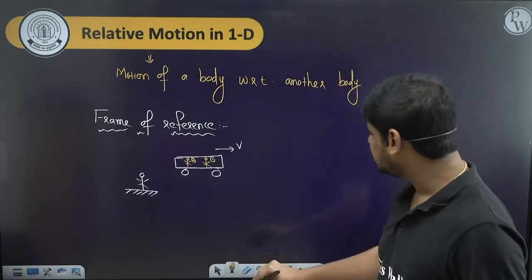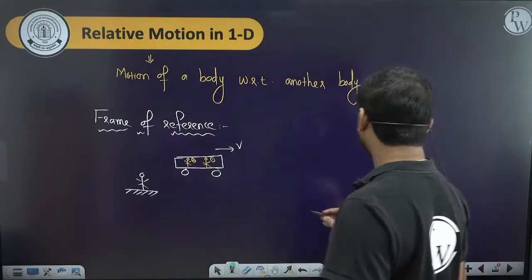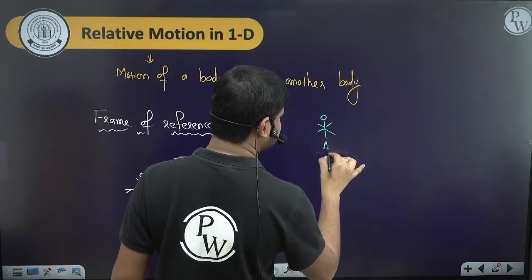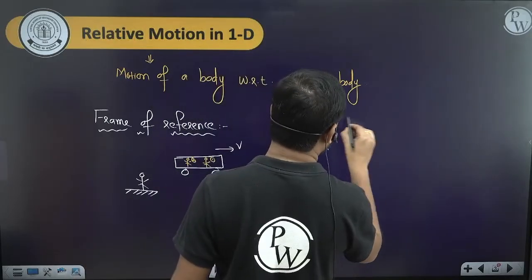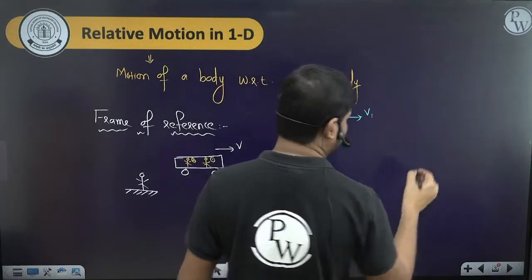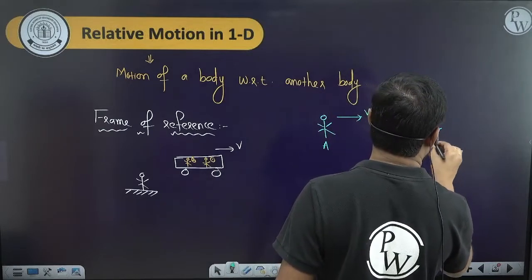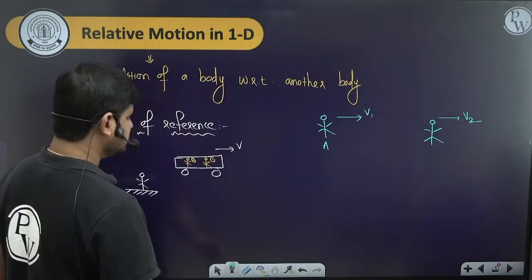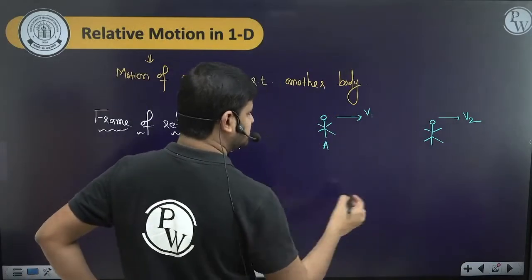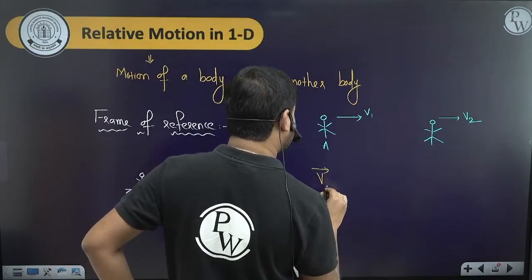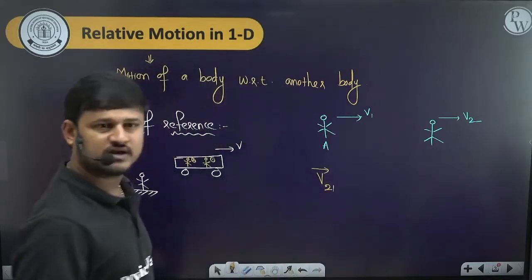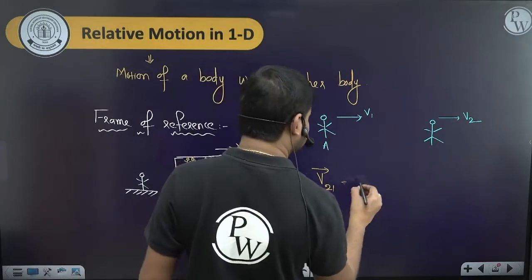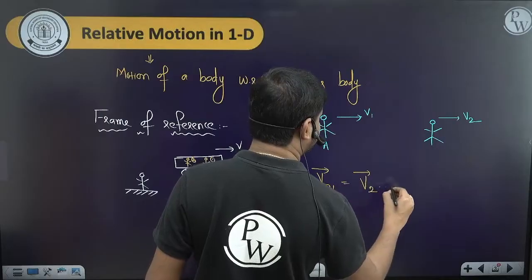Clear this part? Now, for example, the notation we write here: person A is moving with some velocity v1, and another person B is moving with velocity v2. Now how do we write the relative velocity? The relative velocity of person 2 with respect to person 1, we write simply v2 minus v1.